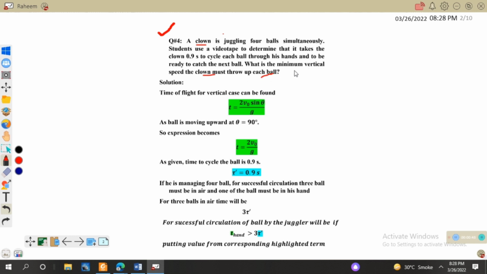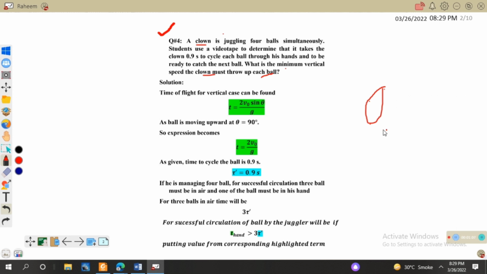This clown is some type of juggler, meaning one who is like a magician. He is juggling the balls in such a fashion that 3 balls are in the air and the 4th ball is in hand.